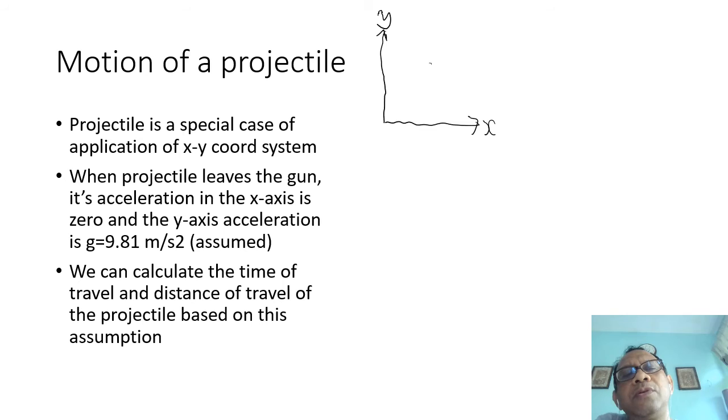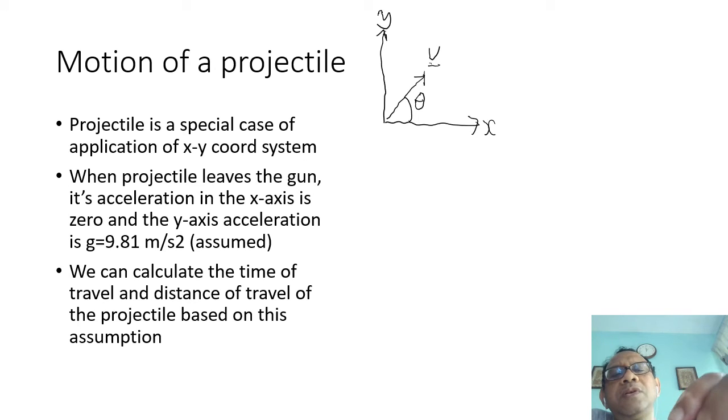So let's say this is your velocity, the magnitude of the velocity vector, and usually you will know what the angle is. When the projectile leaves the gun, its acceleration in the x direction is 0, and in the y direction the acceleration is g equals 9.8 meters per second squared.